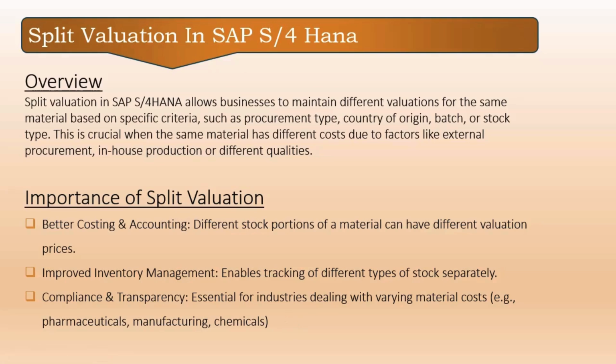So material grade A will have one price, grade B will have another price. So one material, based upon its grading, can have multiple different prices. The company will do this in compliance with government policies, to maintain transparency. Companies like pharmaceutical, manufacturing and chemical companies maintain different prices for the same material for various reasons.